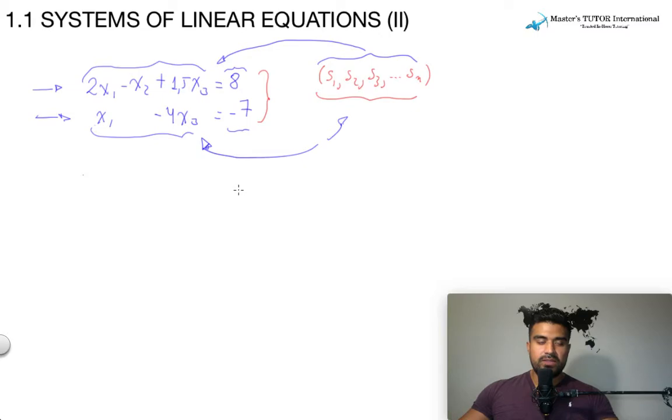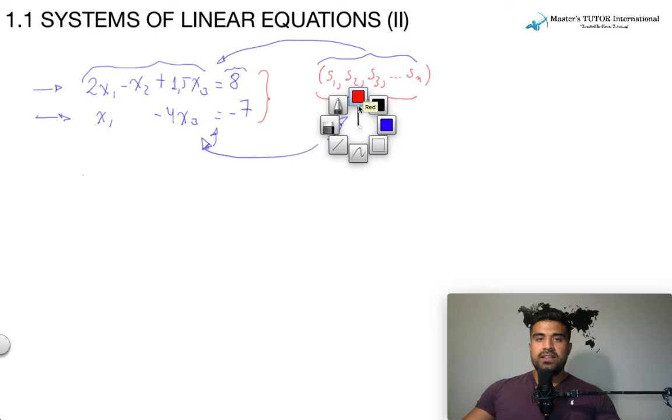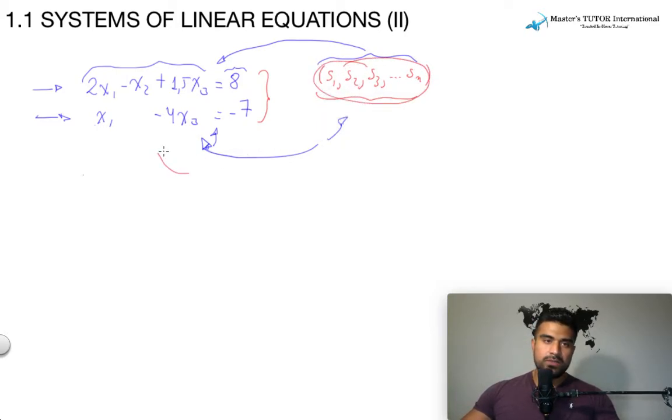That's what makes the equation a true statement: the equal sign has to be true, this side equals this side. So when these numbers make that possible, when you replace the variables x1, x2, x3 here, then these numbers are called solutions of the system.